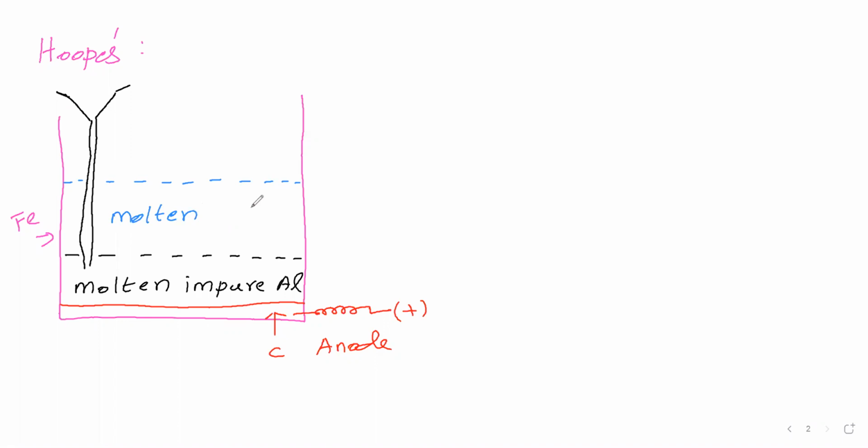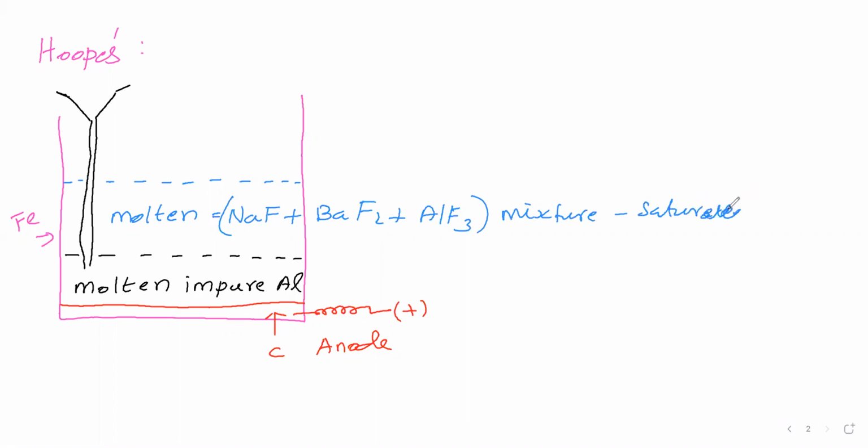This electrolyte contains NaF, then BaF2, then AlF3. This mixture is saturated with Al2O3. This molten mixture we have taken here.